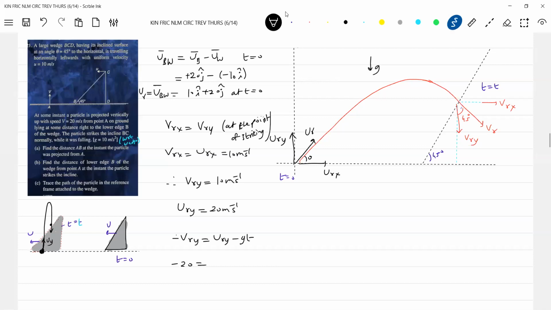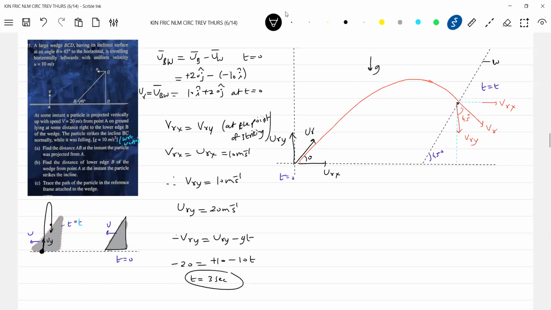So this is minus 20 plus 10 t, okay, this will be t, 3 seconds. Sorry, 3 seconds. That's the time. After this much time, it will go and strike the wedge.